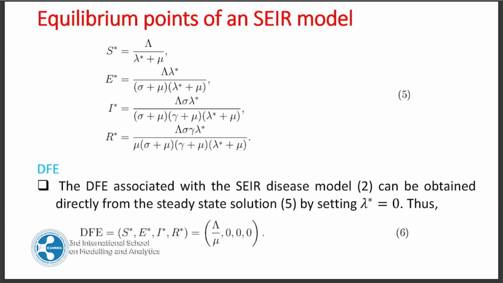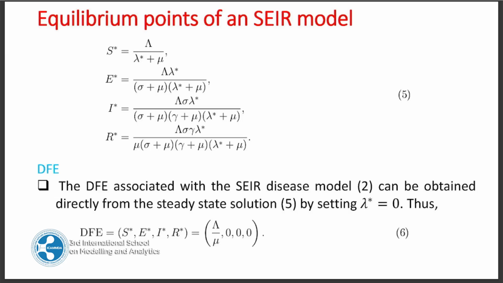You get S from the first equation, you get E from the second equation by substituting the value of S. Then you move on to the third equation to get your I by substituting the value of E. So moving on, this is the general solution to that steady state system 4.